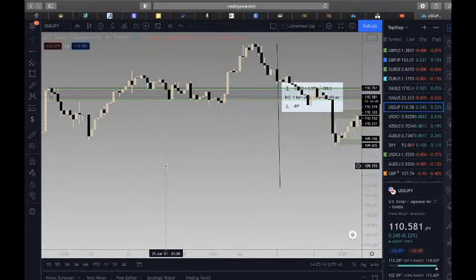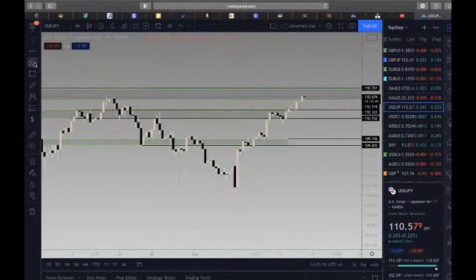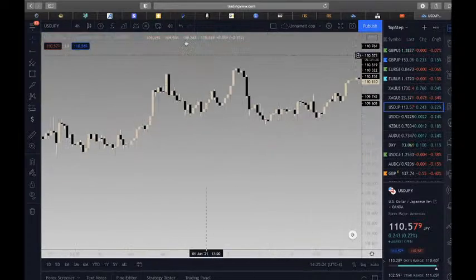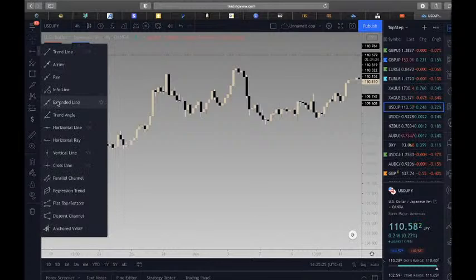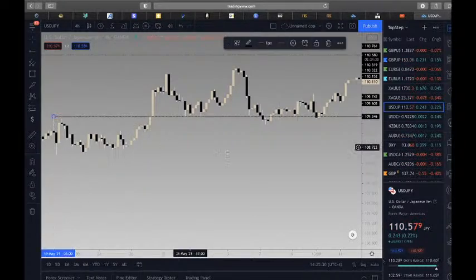So that's the basic idea of support and resistance. Let's go back a little further so we don't have all that mess. Say you're a buyer, and this right here is your resistance zone.